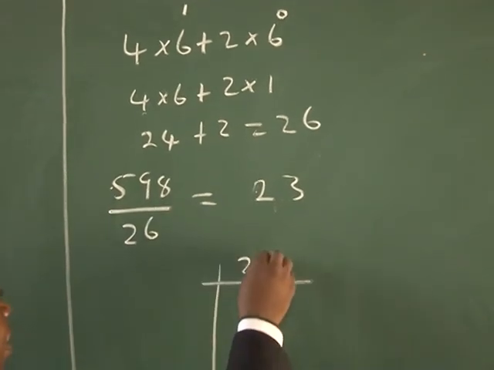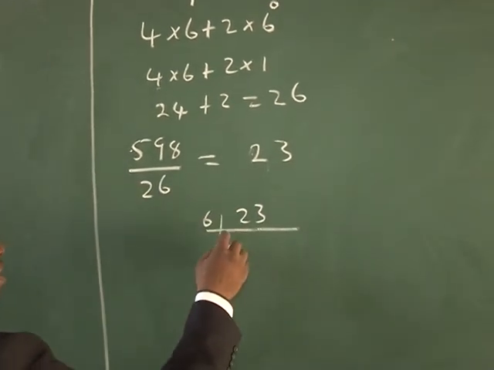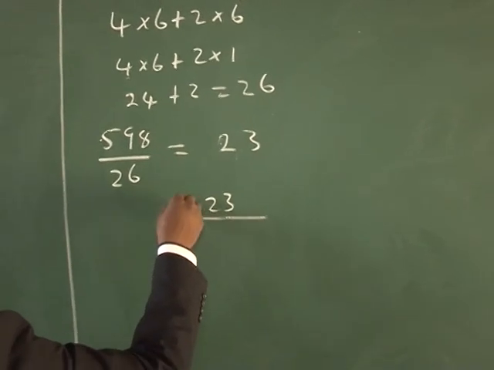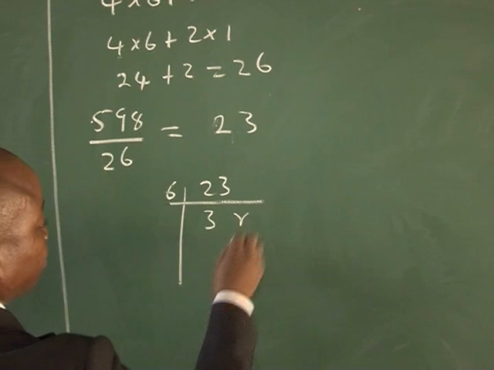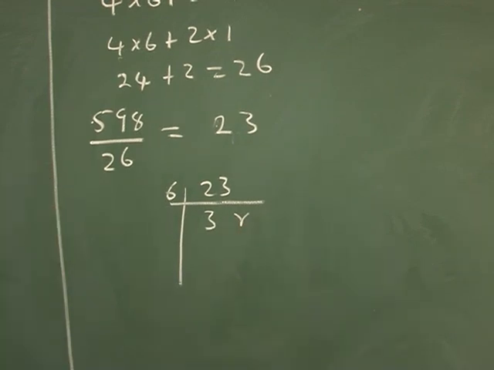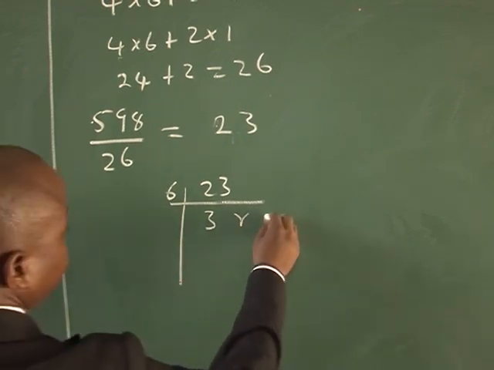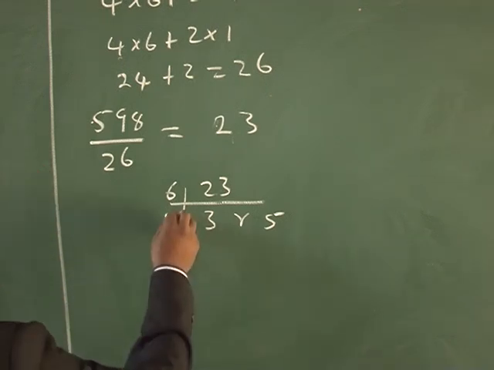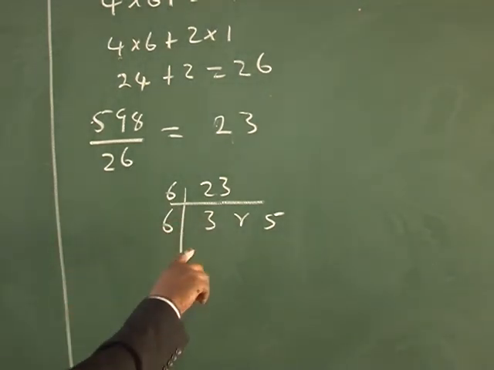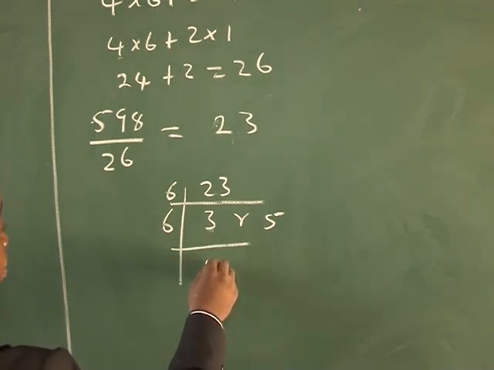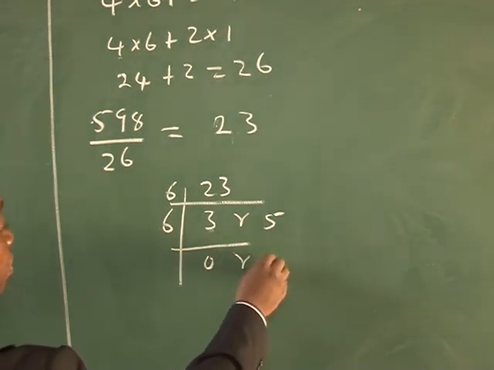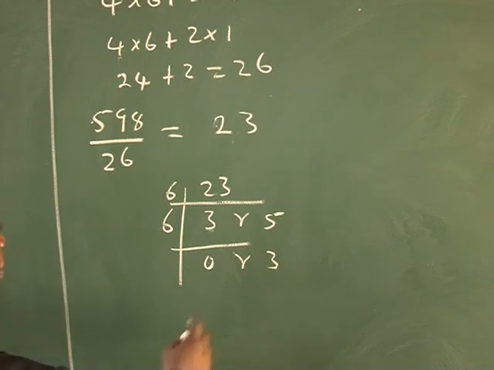We are going to convert this to base 6, since 23 is in base 10. Converting it to base 6, 23 divided by 6 gives us 3, remainder 5. Then 3 divided by 6 gives us 0, remainder 3.